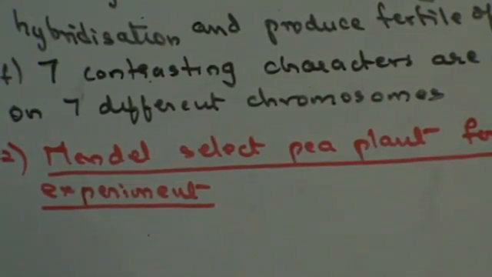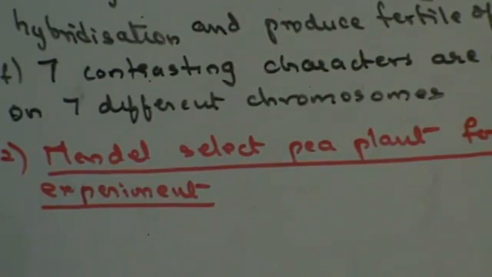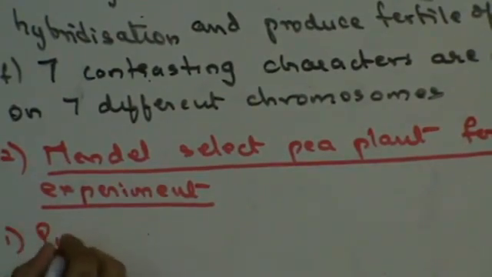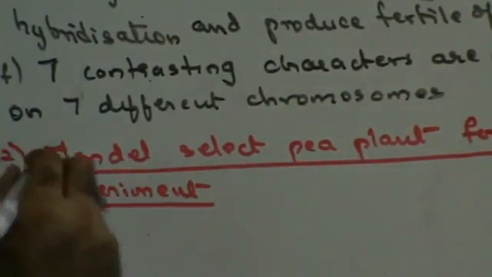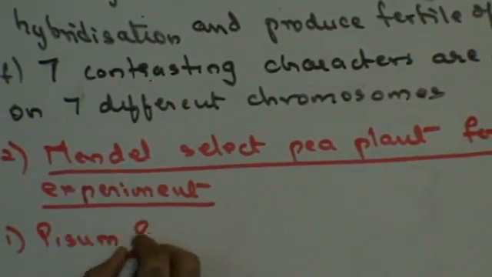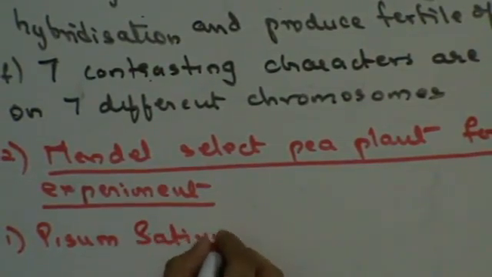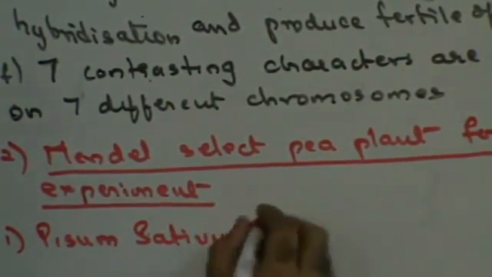Now, the garden pea plants are available in pure form with many true breeding characters. Now garden pea is also called Pisum sativum. Right, that's your garden pea.